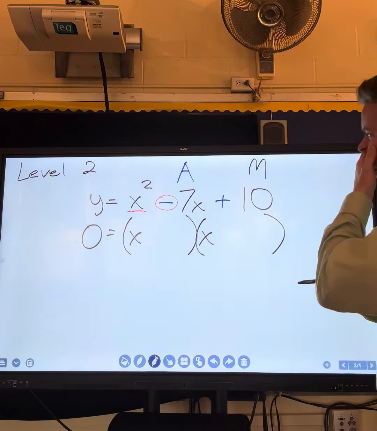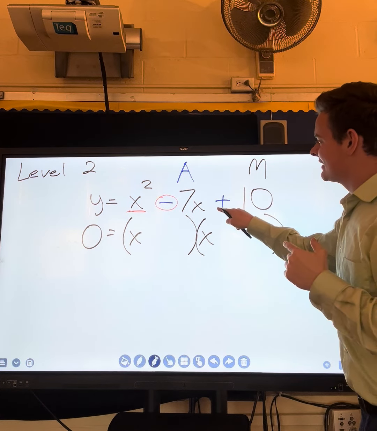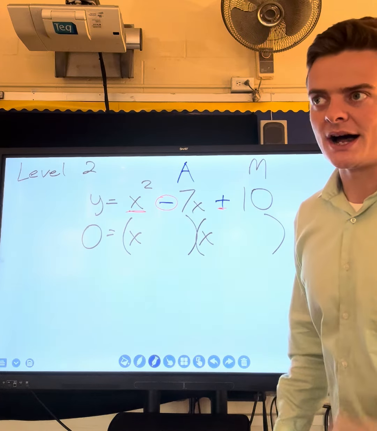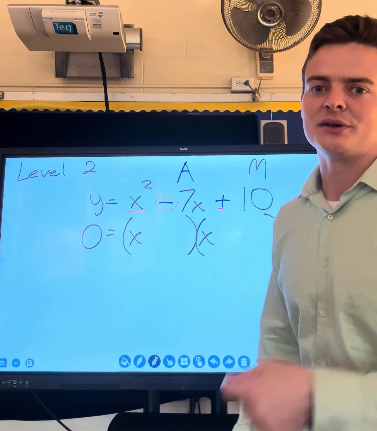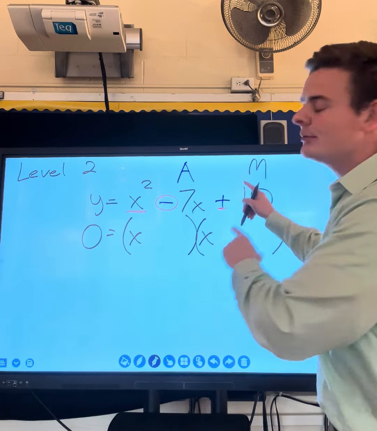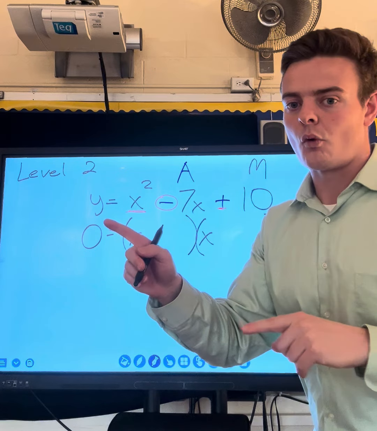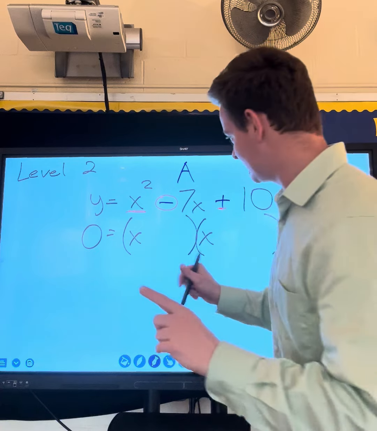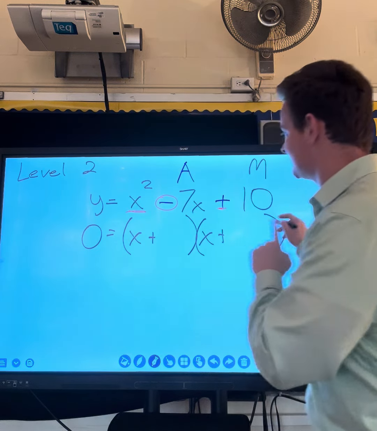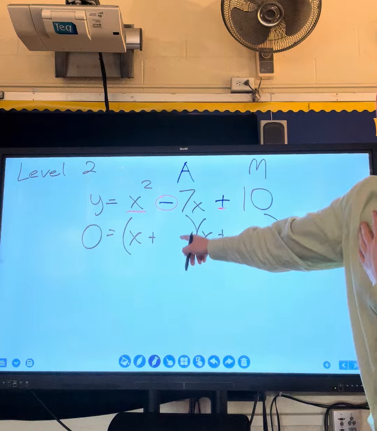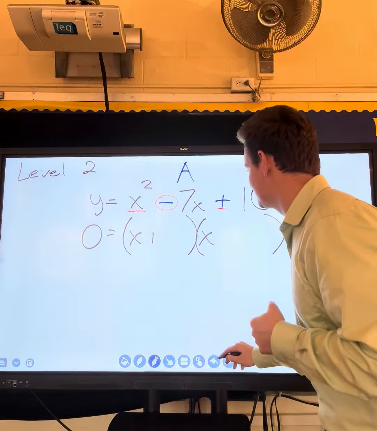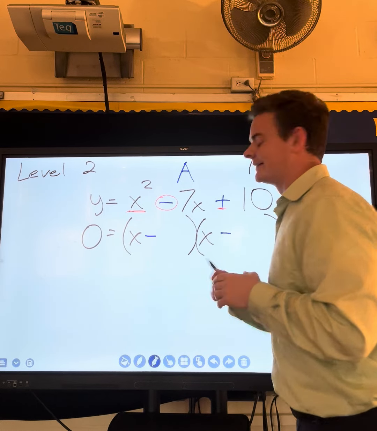Okay. So instantly I'm thinking, how do I multiply to a positive but add to a negative? Well, in order to multiply to a positive, they're either both going to be positive or both going to be negative, right? But if I make them both positive, I'm never going to add to a negative, which means they must be both negative.